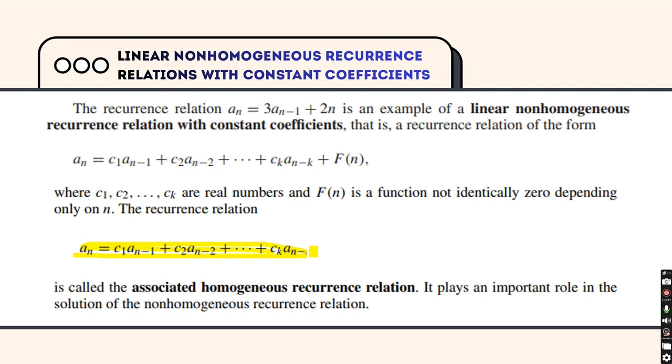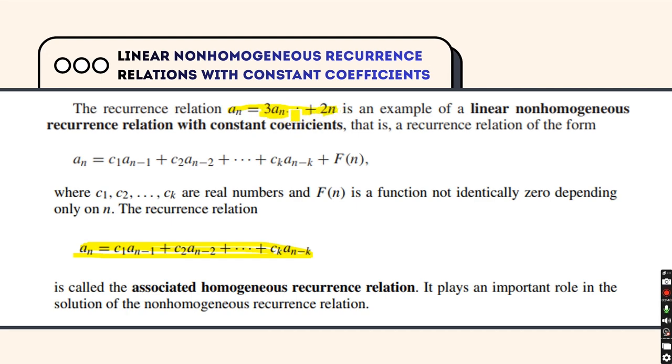A recurrence relation becomes non-homogeneous when there is an extra term that does not involve previous terms. For example, a_n equals 3a_(n-1) plus 2n, wherein 3a_(n-1) depends on the previous term, and this 2n is only an extra term depending only on n. This is what makes it non-homogeneous.